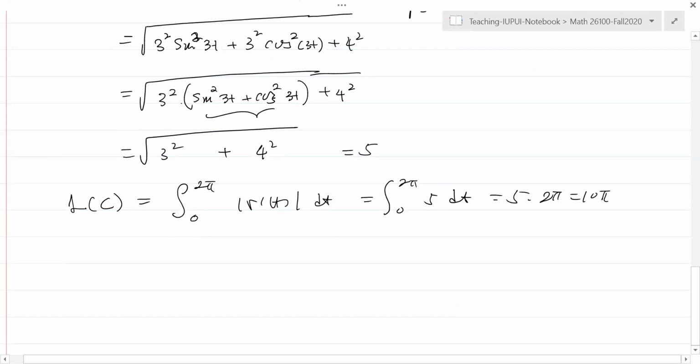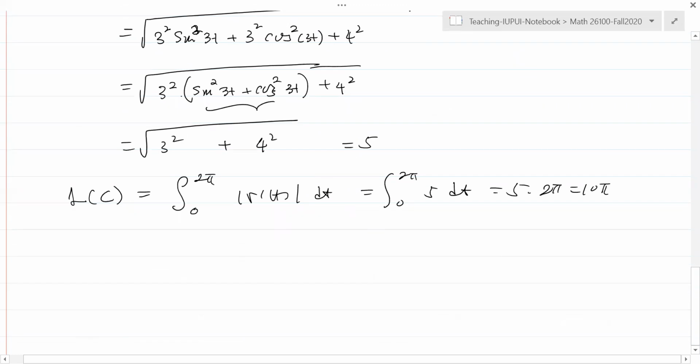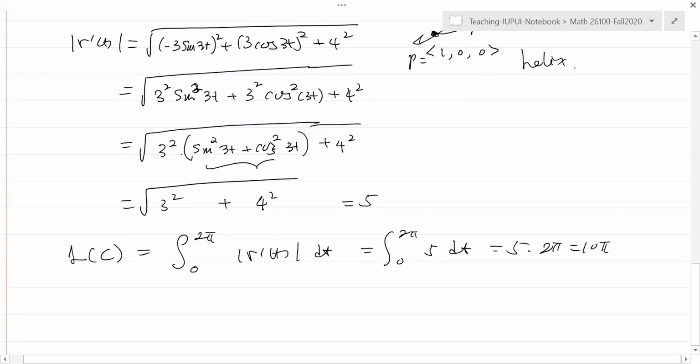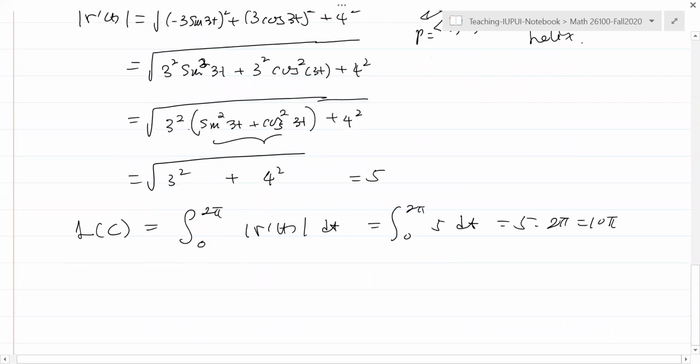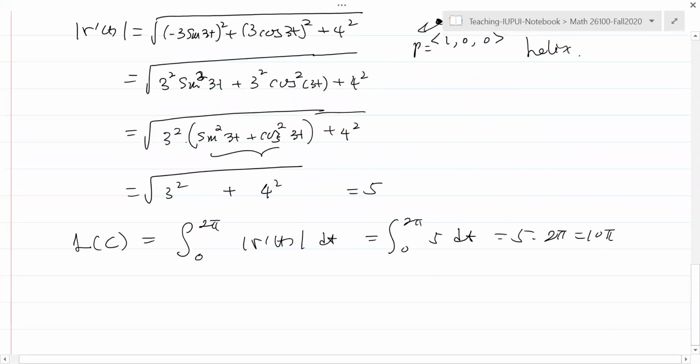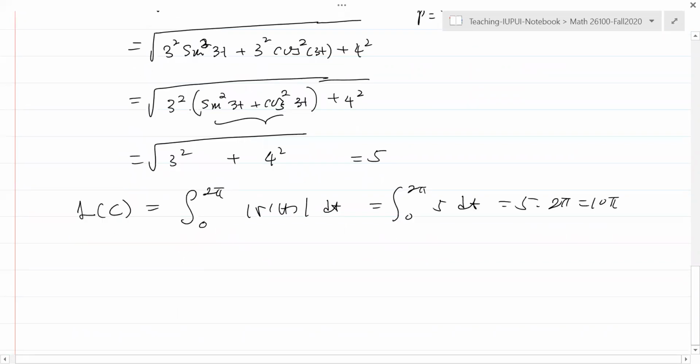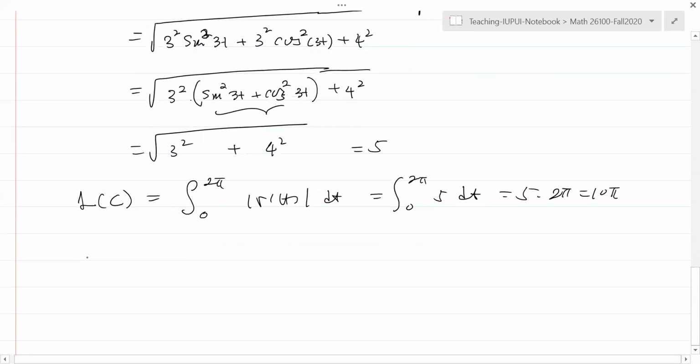Now, for the same curve, there's another way to describe it. Here's another one. Let R tilde be R tilde of T tilde.